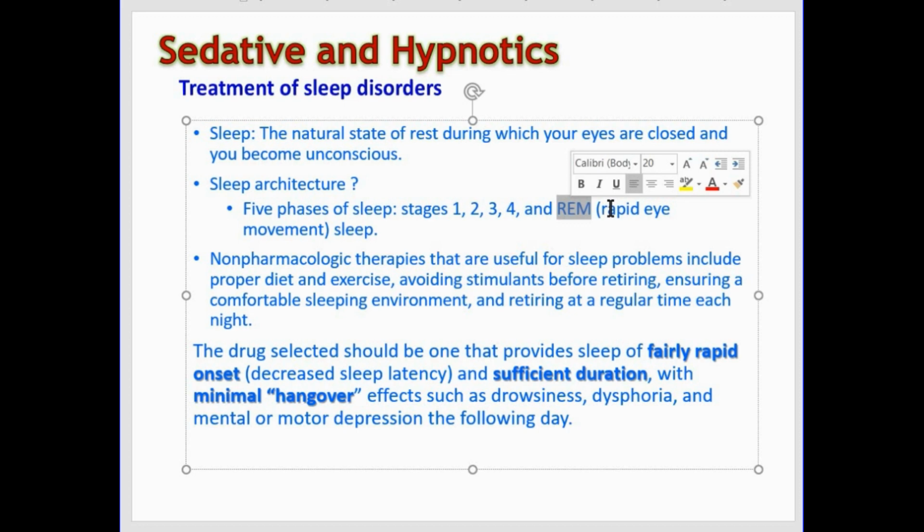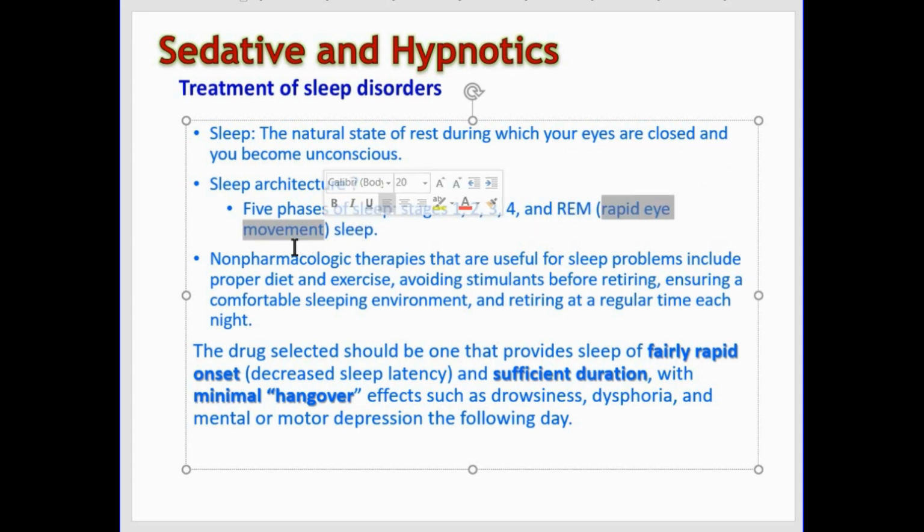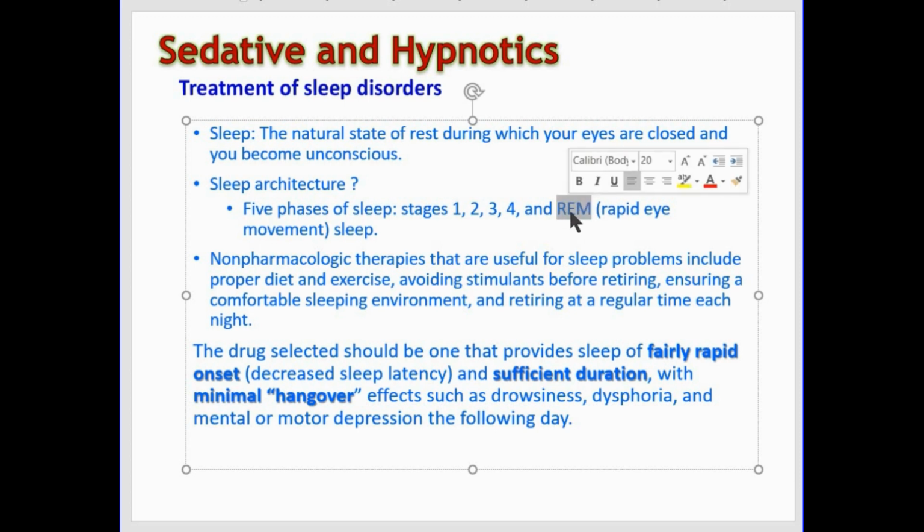Why do we have REM sleep? As the name tells you, rapid eye movement. Heart rate goes up and brain activity goes up during this time. Why do we go through that? Because this is critical. This is the phase when you have dreams.